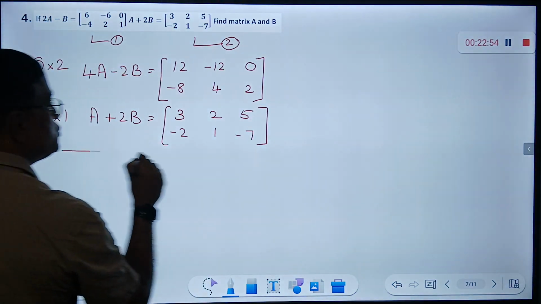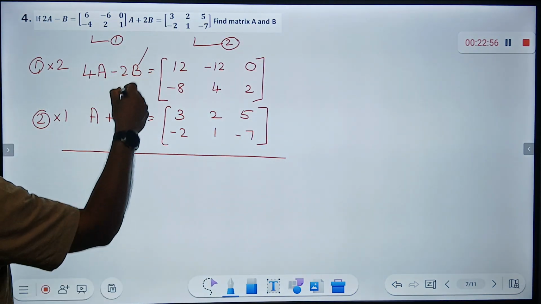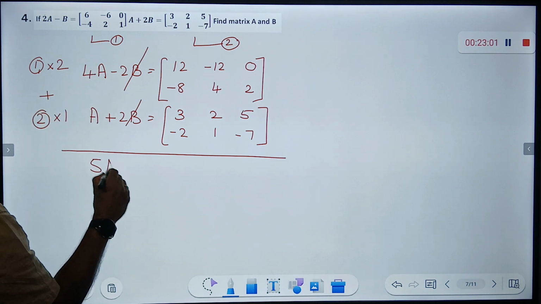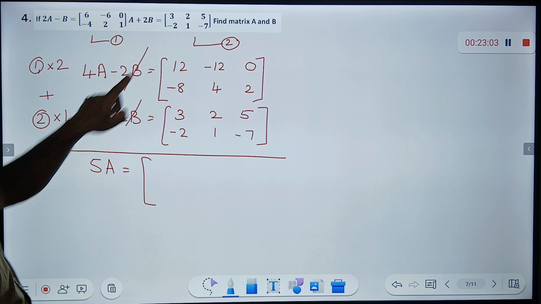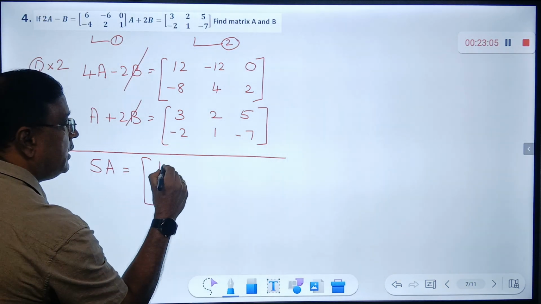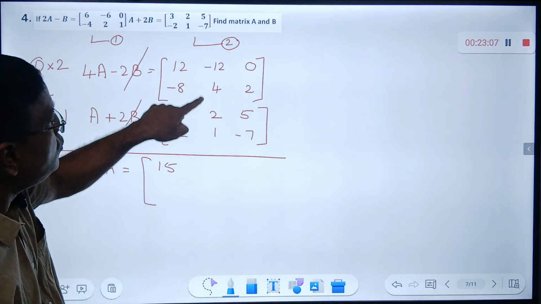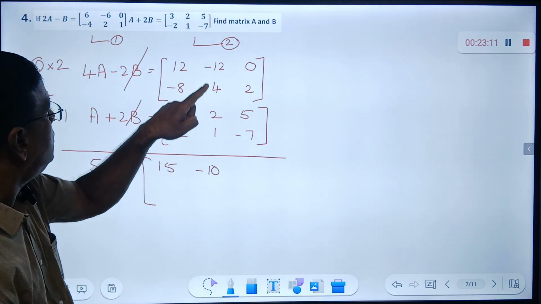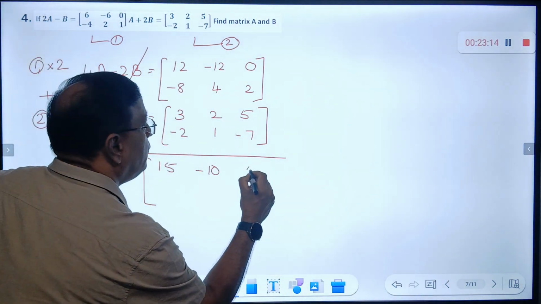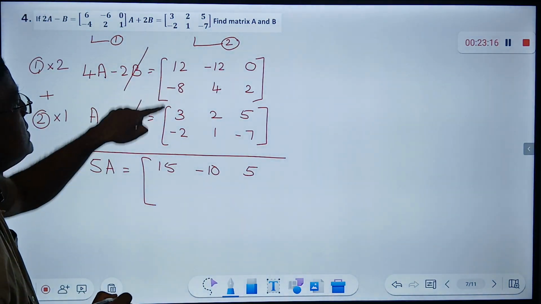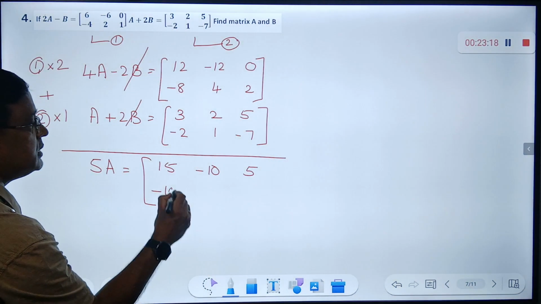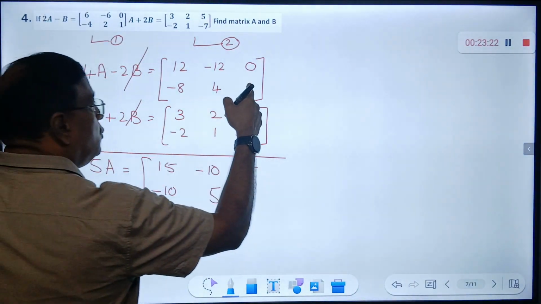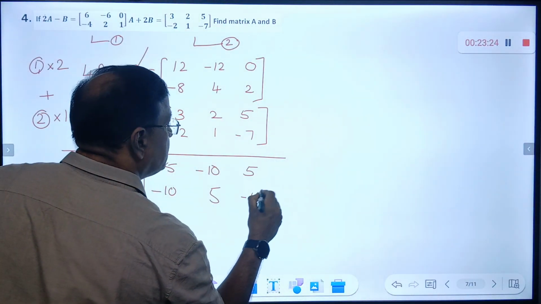Now usual linear equation, you are adding here. 4a plus a is 5a equal to 12 plus 3, 15, minus 2, minus 12 plus 2, minus 10, 0 plus 5, 5, minus 8 minus 2, minus 10, 4 plus 1, 5, 2 minus 7, minus 5.